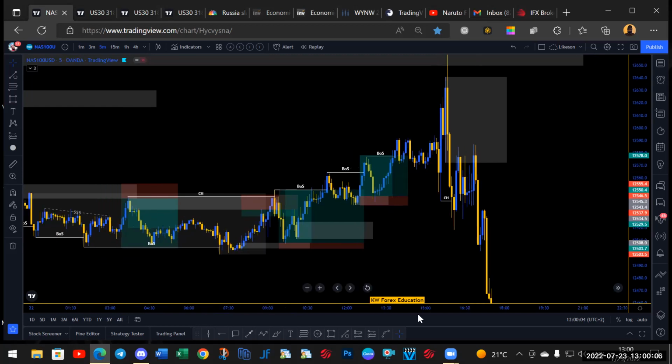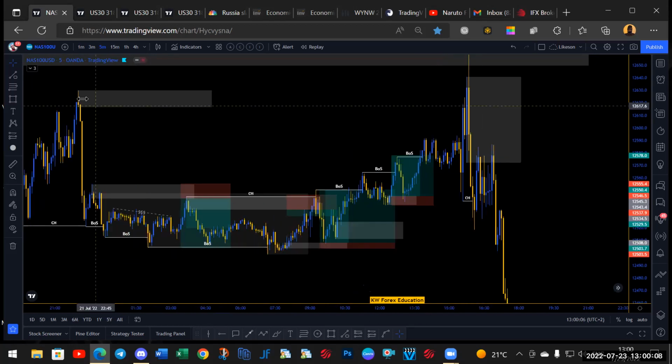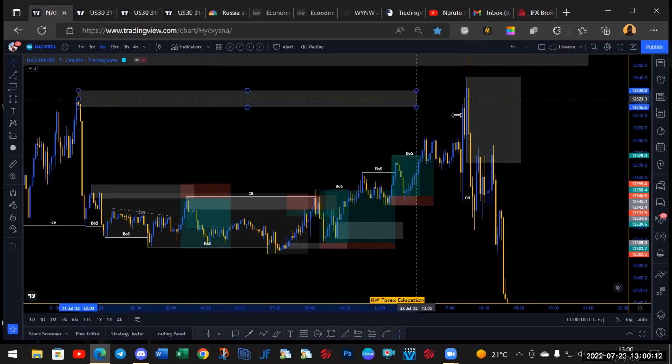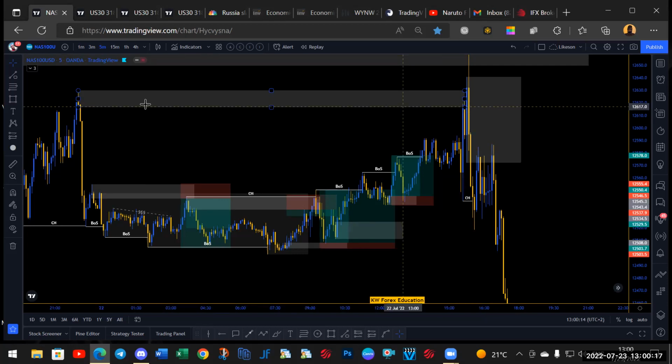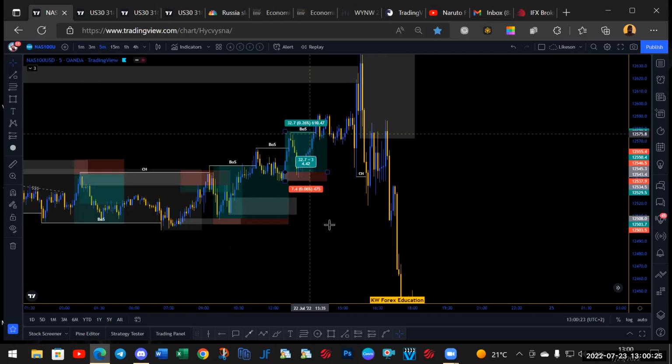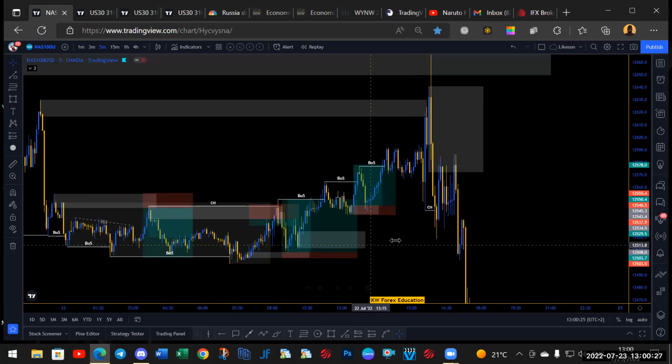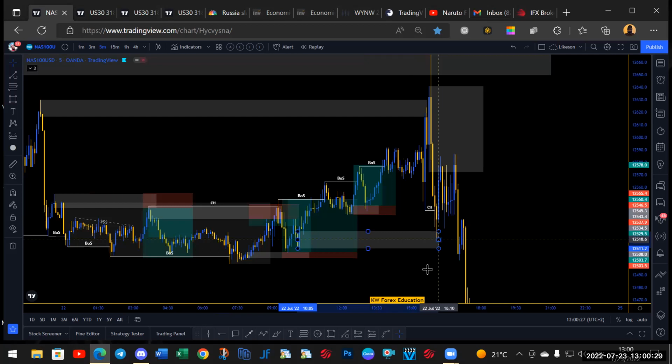Now you have to remember that you have this one with this order block here, which wasn't mitigated. So this is still valid. All those that haven't been mitigated are valid. You have that one that wasn't mitigated, and also as it was going up, you also had this one, this one.